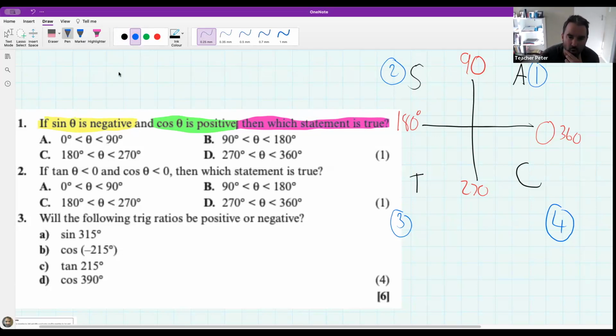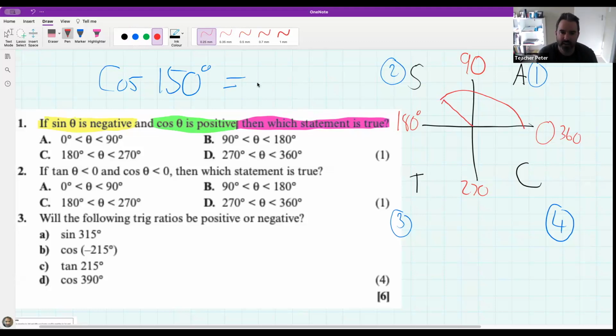So if I go to my calculator, and I want you to do this. What is the cos of 150? I'm going to predict that the cos of 150 is negative because it's in quadrant number 2. If I start from here and I go across, 150 will get me to here. And I'm going to claim it's negative.